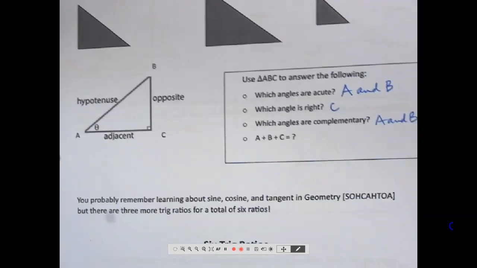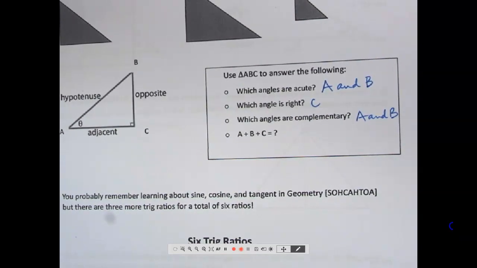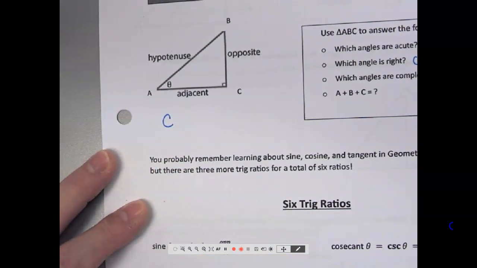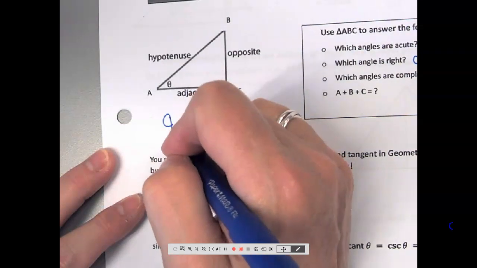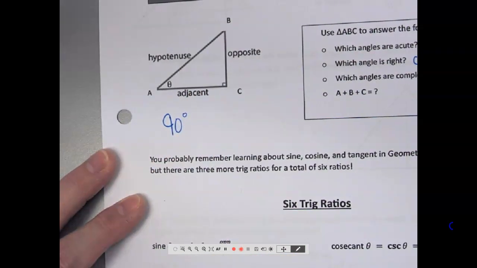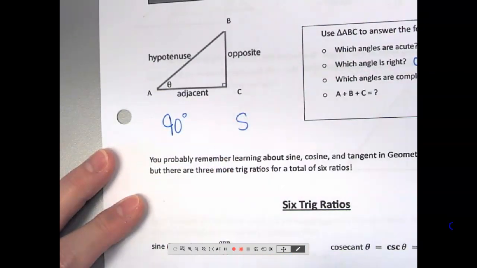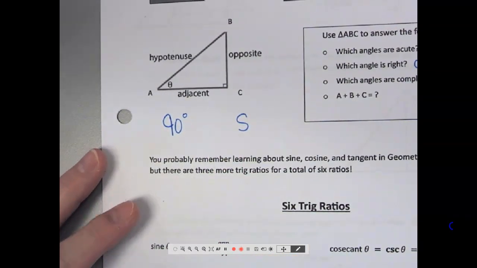Do you have a hard time remembering what complementary and supplementary means? Do you get them confused? Nobody? You want a stupid little hack to help you remember? Okay. Complementary starts with a C, but complementary angles add up to 90 degrees. Supplementary angles add up to 180.